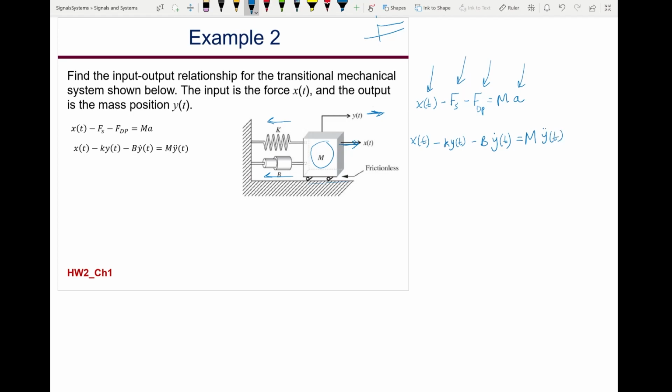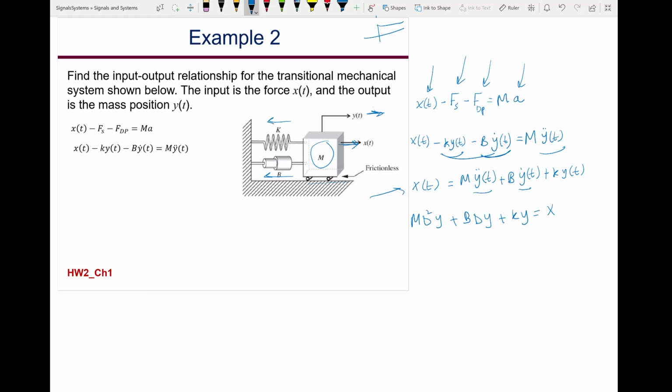And if I express it such that all y is on one side and x on one side, then I will take this to this side. So this will be x of t equals mass times the second derivative of y, plus b times the first derivative of y, plus k y of t. I can rewrite this as m d squared y, plus b dy, plus ky equals x.